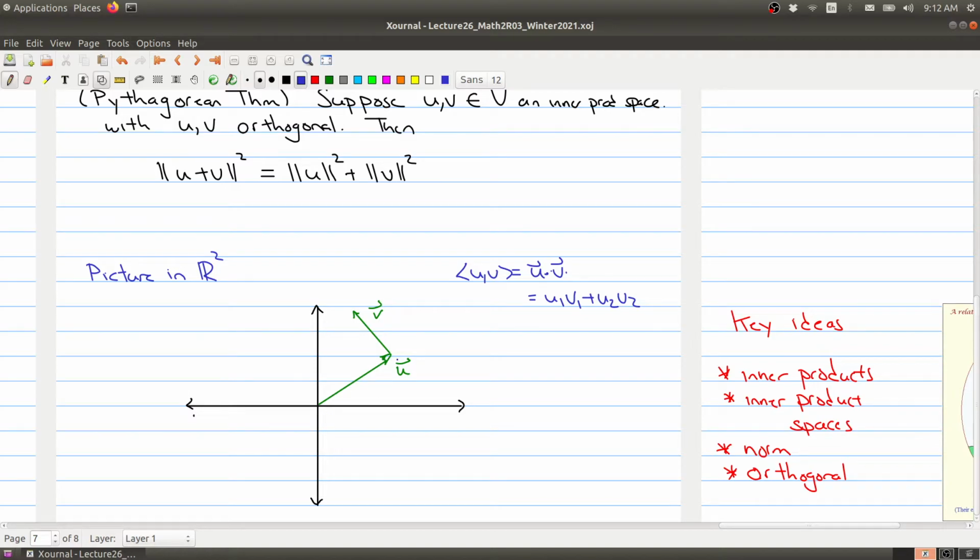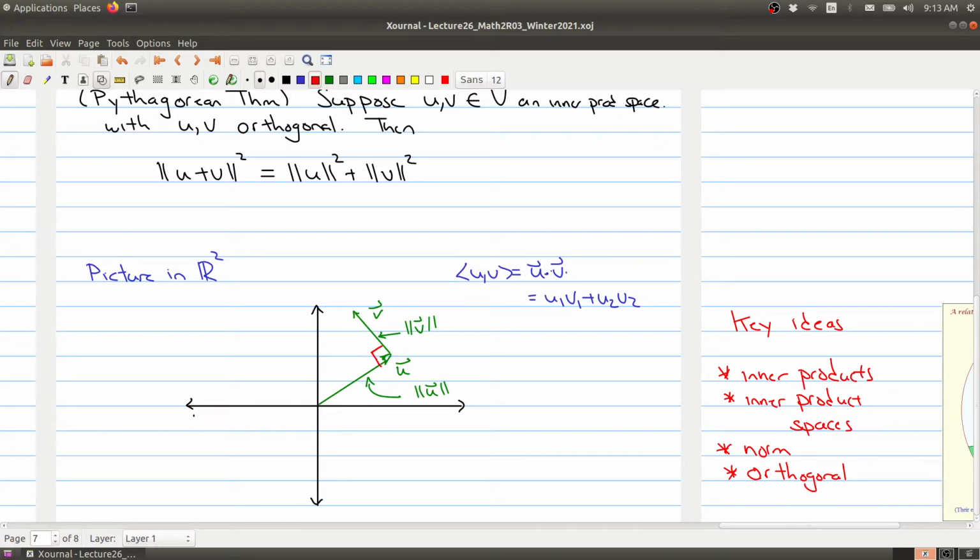You have a vector u. The norm of u is the length of this vector right here. Here's my vector v. Instead of drawing it at the origin, I've drawn it at the end of the vector u. So the length of this vector is the norm of v.